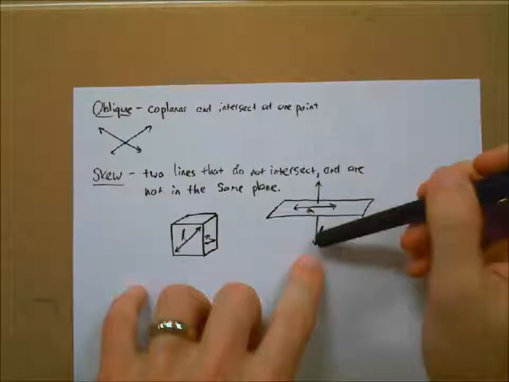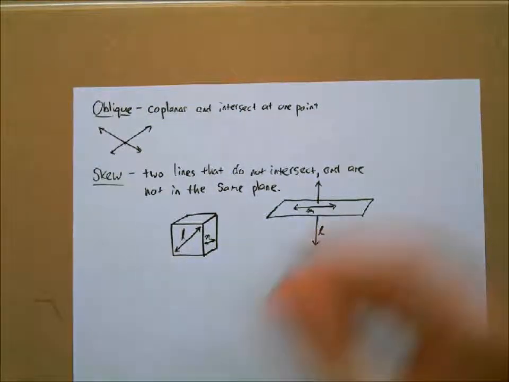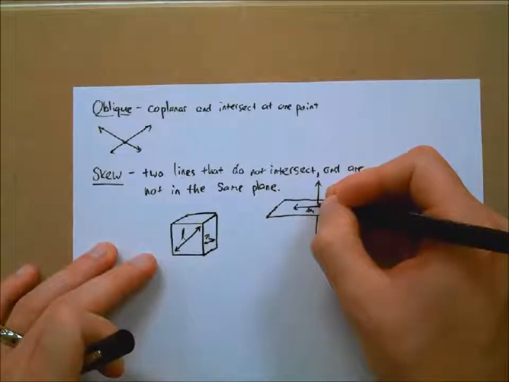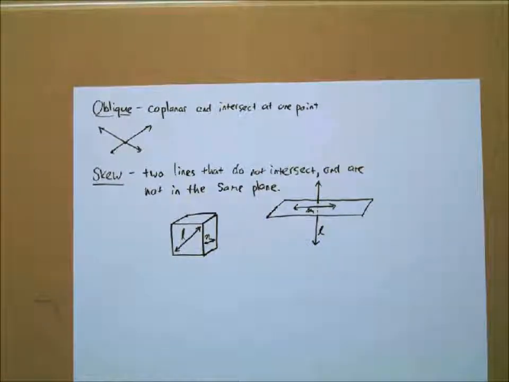But M and L are never going to intersect, because L is going through that plane. They're never going to intersect, but we don't want to call them parallel. So they're skew. Okay.